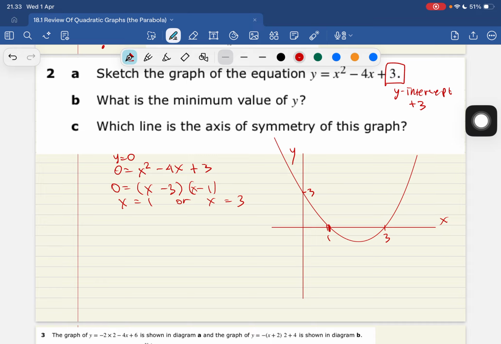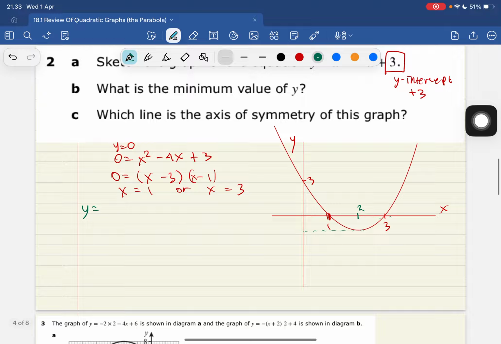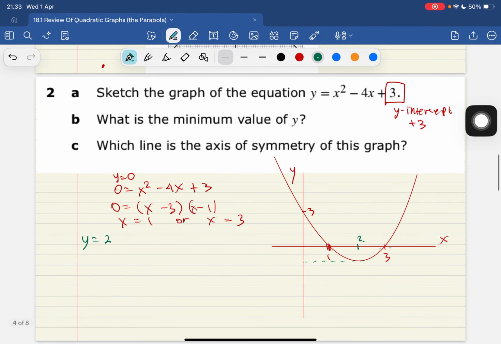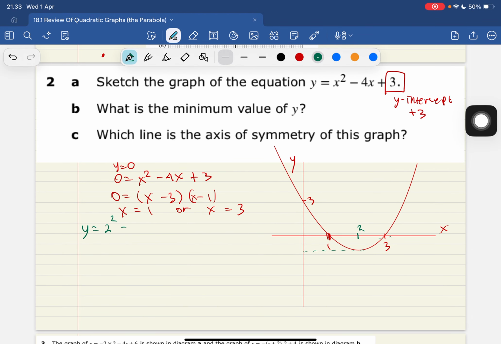Okay, what is the minimum value of y? We need to find this minimum value. The minimum occurs in the middle between 1 and 3, which is 2. So let's substitute x equals 2: 2 squared minus 4 times 2 plus 3.